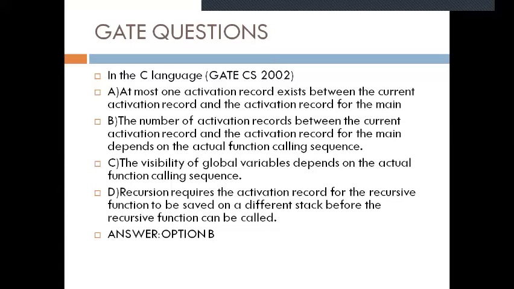Next, recursion requires the activation record for the recursive function to be saved on a different stack before the recursive function can be called. The answer is option B: the number of activation records between the current activation record and the activation record for main depends on the actual function calling sequence.